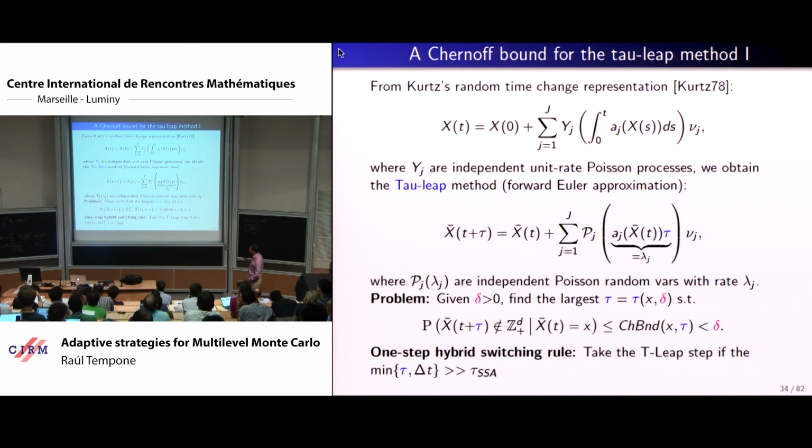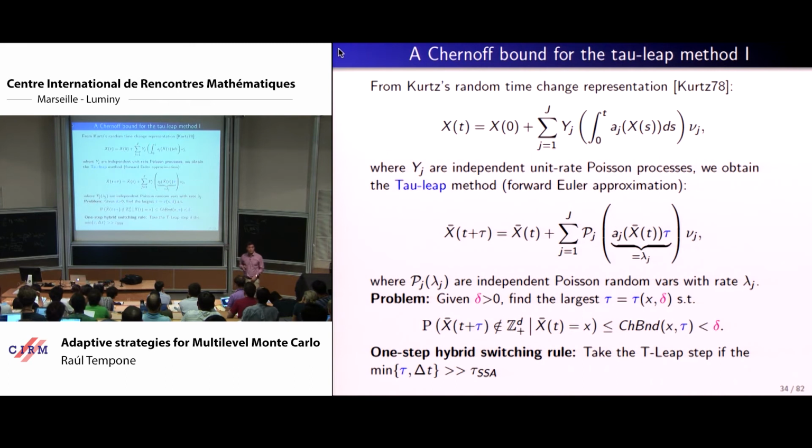It's just the integral from 0 to t of a_j, the propensity of the reaction j. This is, again, a non-negative function, and this is just a random time change on a given unitary Poisson process. Okay, so this is a natural number that goes from 0 to whatever, and this is just the vector that introduces the changes according to that reaction.